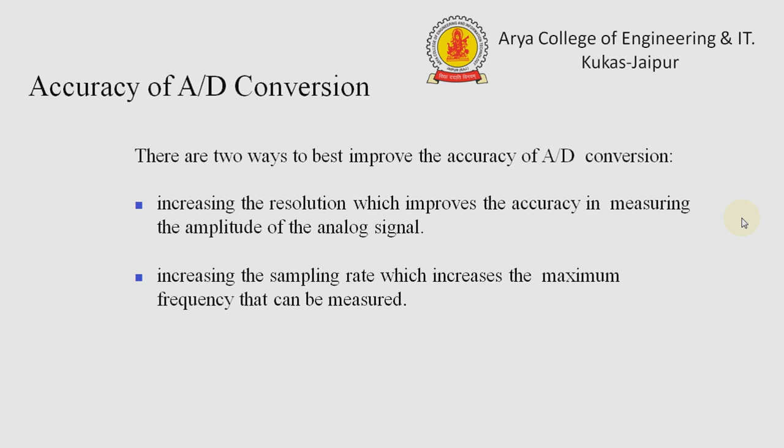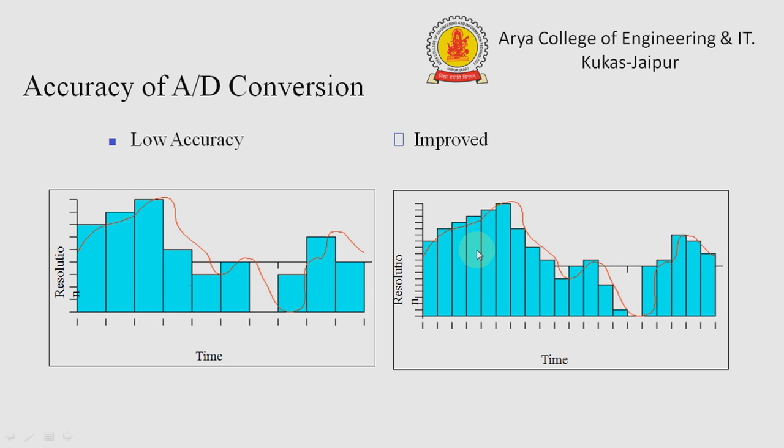The accuracy of AD conversion depends on two things: increasing the resolution, which improves the accuracy in measuring the amplitude of the analog signal, and increasing the sampling rate, which increases the maximum frequency that can be measured. Here it is shown by a graphical diagram. Here is the low resolution and low sampling rate.